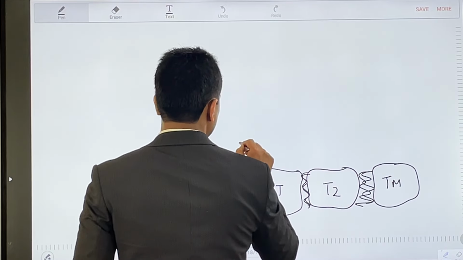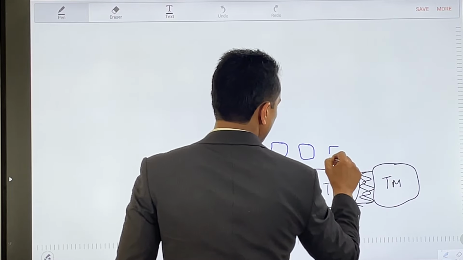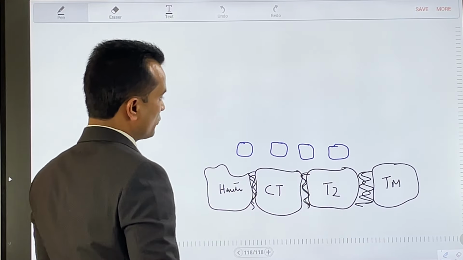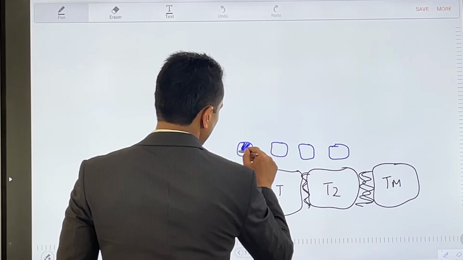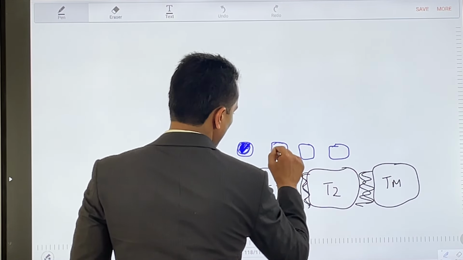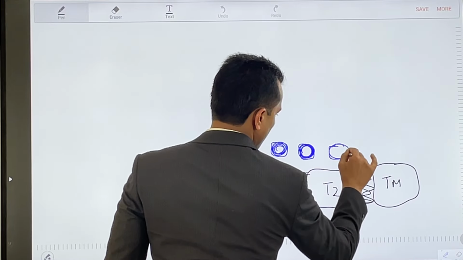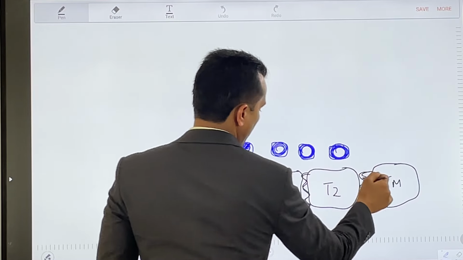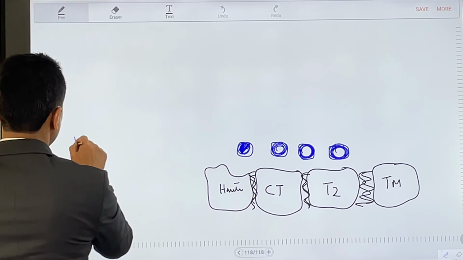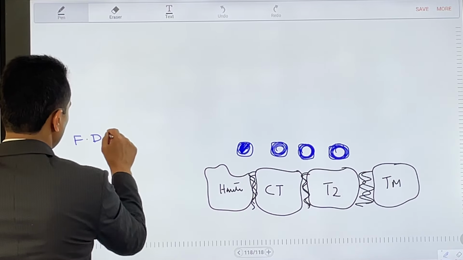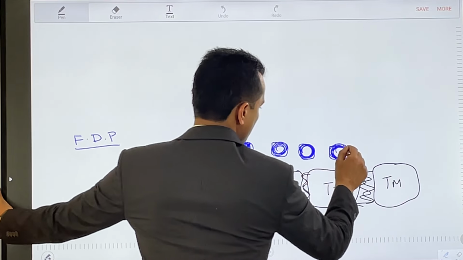So we have 4 tendons of flexor digitorum profundus. So: carpal bones, then 4 tendons of flexor digitorum profundus. Profundus means deep, so these are the tendons on the base.